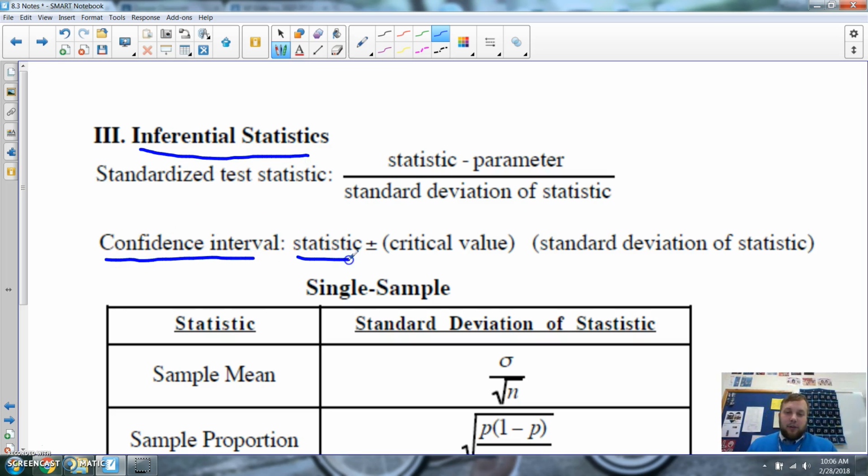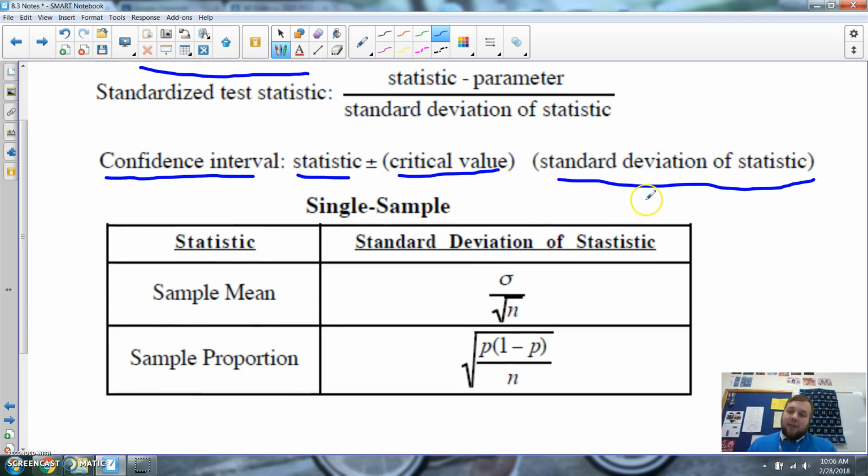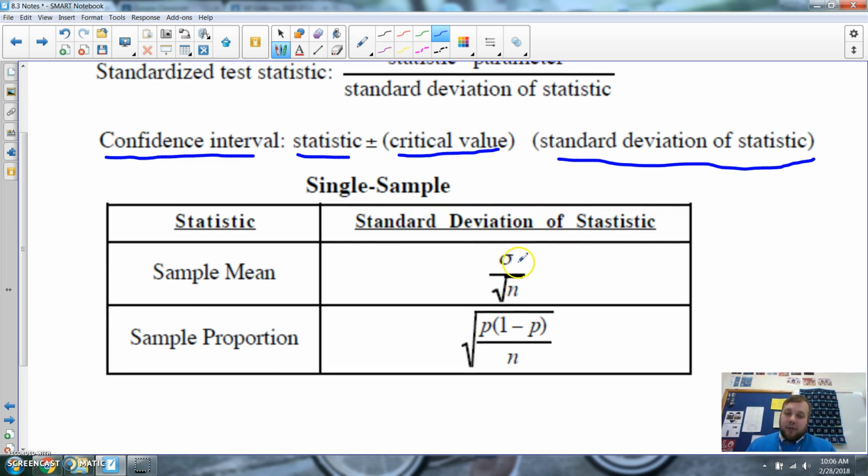Take your statistic, there's your critical value, standard deviation of statistics. They say this just to be careful, because sometimes we actually do know the standard deviation, sometimes we don't. This would be your standard deviation of statistics. This right here would be your standard error. And the only difference is that guy right there.